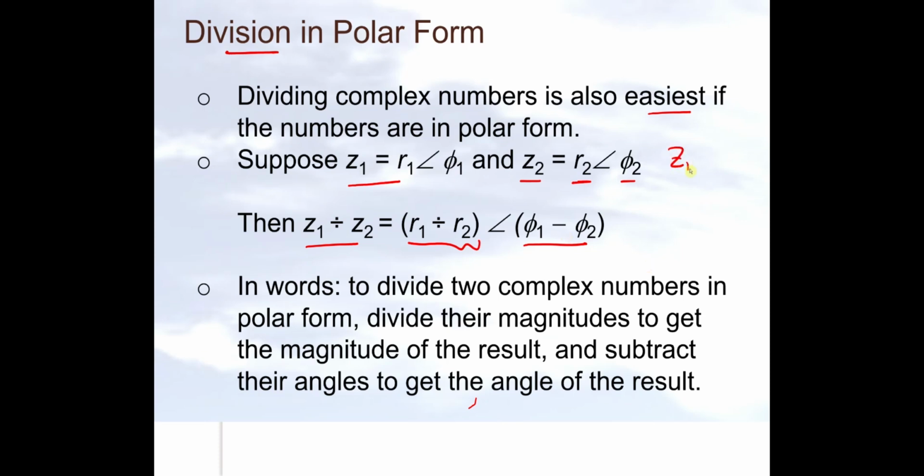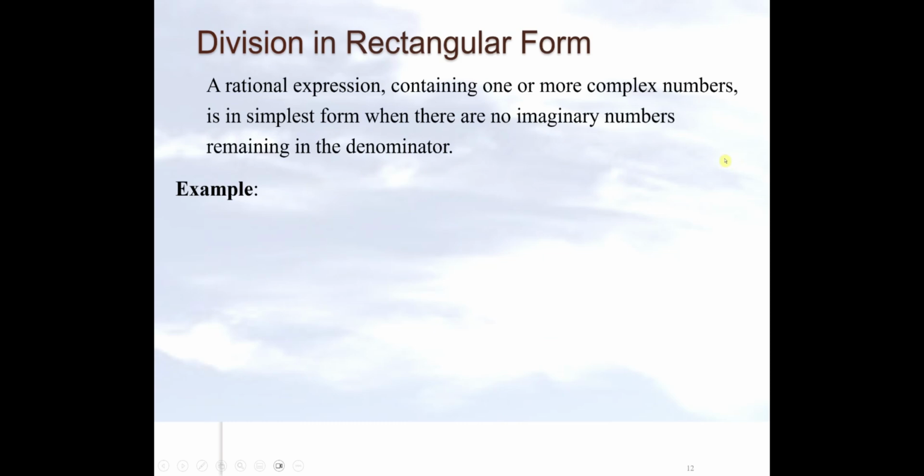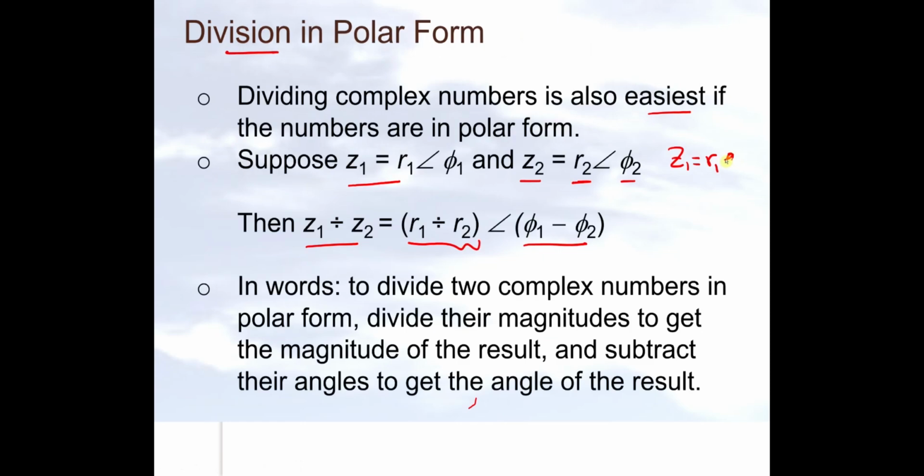So if I have z1 in the exponential format as r1 e^{jφ1}, and the second number z2 in the exponential form as r2 e^{jφ2}, I'd like to divide z1 over z2.